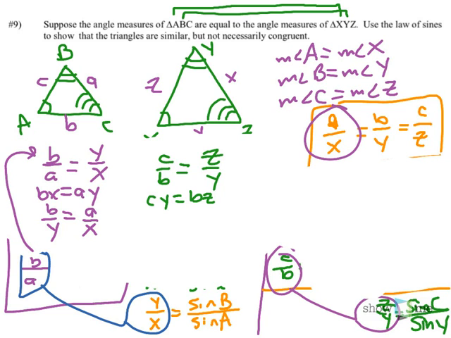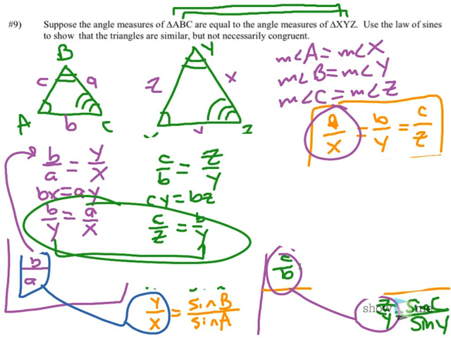We want to keep c on the top. I'm going to divide both sides by z. I'm going to divide both sides by y. So we get this. Divided both sides by y and by z. Now we can see here that since b over y is the same as b over y, this is the transitive property, then that makes all three of these things equal to each other.